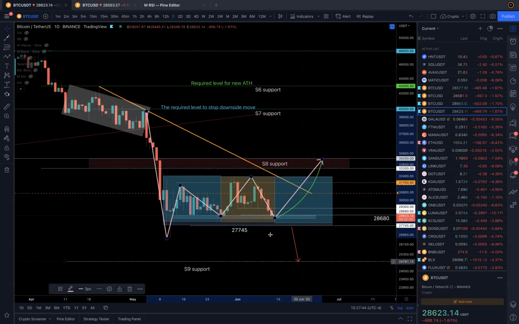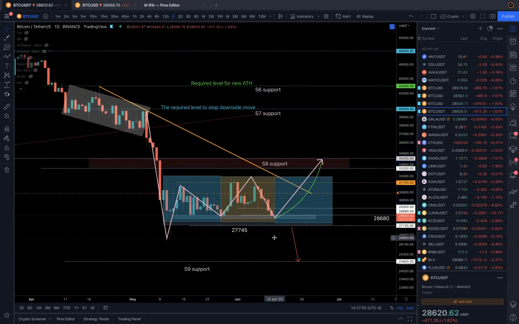And of course, if 27745 is broken, then the pattern breaks. Okay, the one exceptional scenario is it makes a quick move and then goes up, which we'll see. The important thing is the closing, not the intraday. So remember, sometimes it takes the stop and moves up.